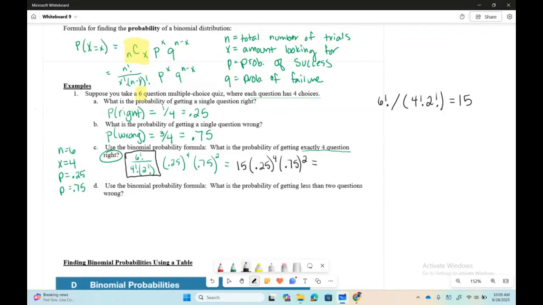Now I'm going to do all of that in my calculator in one step. I'm going to do 15 times 0.25 to the 4th, and then 0.75 to the 2nd.